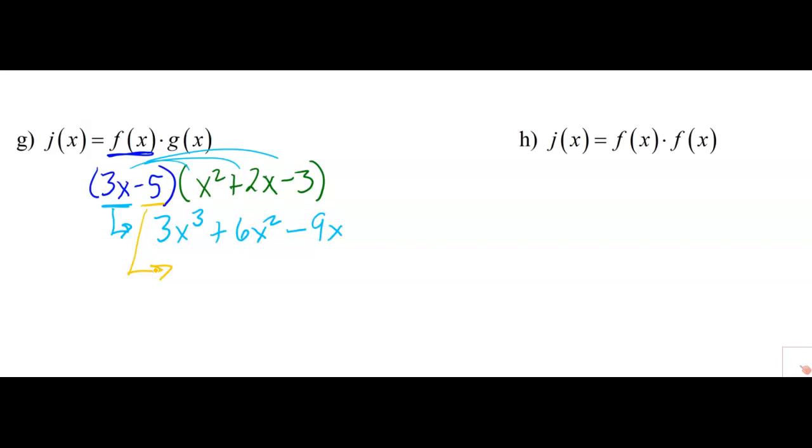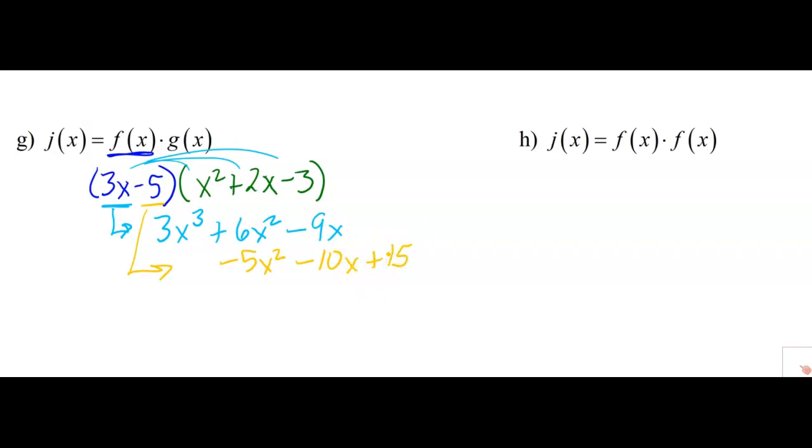So for these, I like to stack my values if I'm doing it this way, because I have a lot of numbers. It's a little easier if they're not in just one big long line. So on the 5, I'm going to distribute that. Negative 5 times x squared is negative 5x squared, negative 5 times 2x is minus 10x, negative 5 times negative 3 is plus 15.